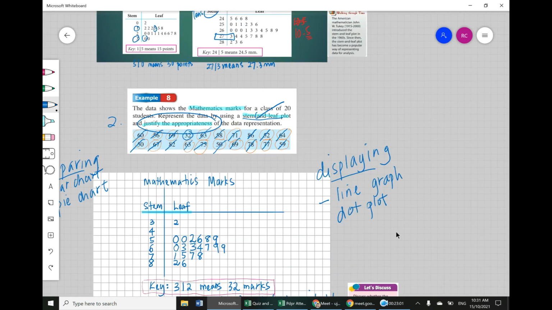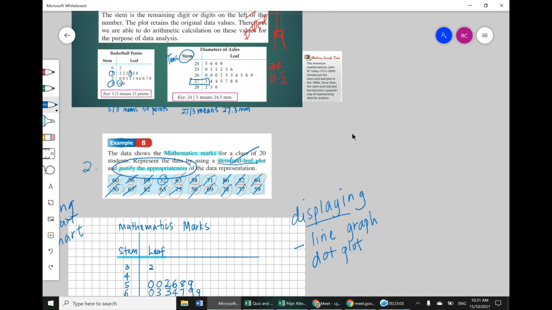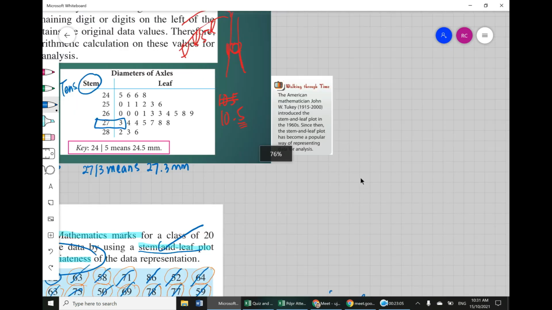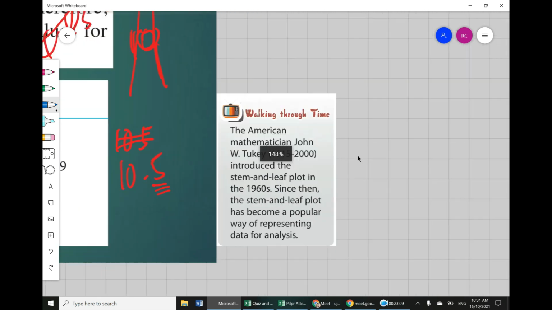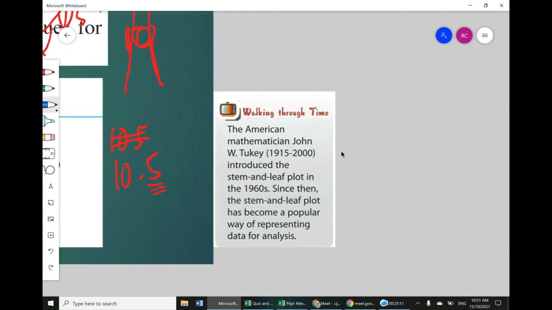Okay, now we look at some history about this stem and leaf plot. Who created it? The American mathematician John W. Tukey. How to read this? T-U-K-E-Y? Tukey? I also don't know. So 1915 to 2000, he introduced the stem and leaf plot in the 1960s.